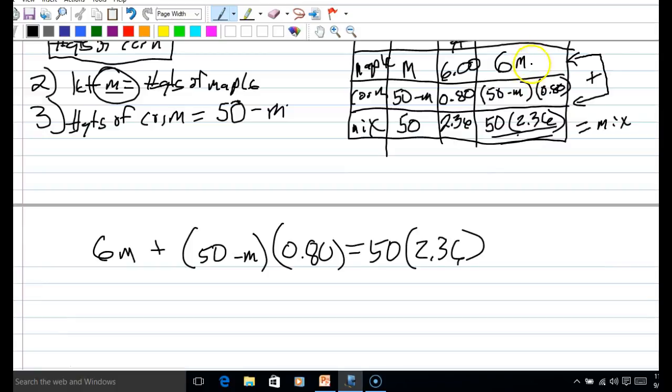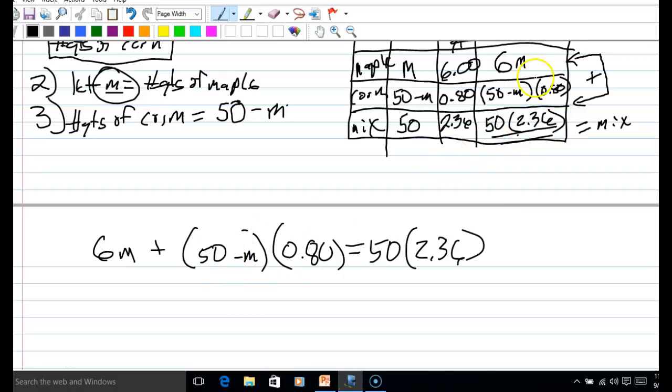Again, if I take the cost of the maple syrup, which is represented by 6 times M, the cost per quart times the number of quarts used in the mixture, and I take the cost of the corn syrup, which is 80 cents per quart, and multiply it times the number of quarts of corn syrup that I use, which is represented by 50 minus M. If I add these two costs of the components together, it should give me the total cost of the mixture, which is $2.36 per quart, and I have 50 quarts of mixture.